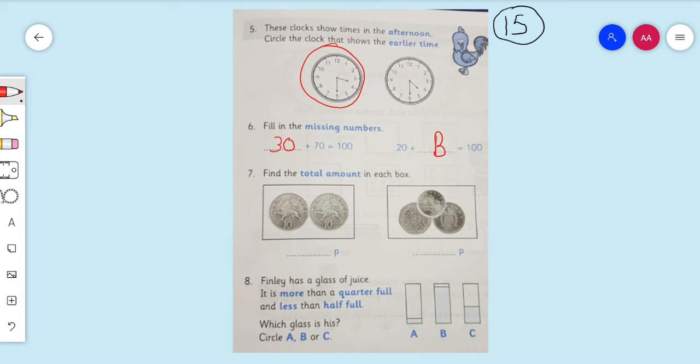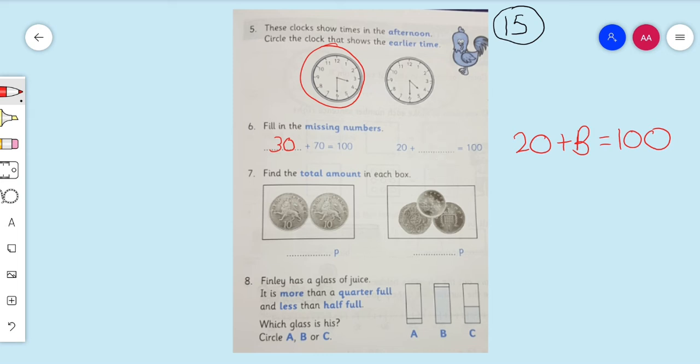So let's write it again. 20 plus B equals 100. The B is not the answer, but we need to write something else so we can find the answer. Because B is not the answer, we can write it out here.